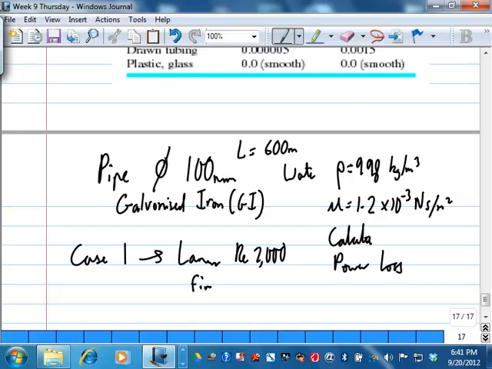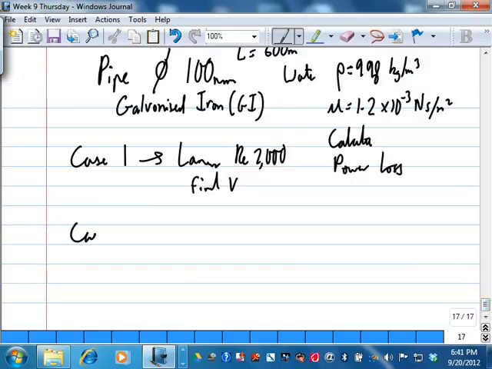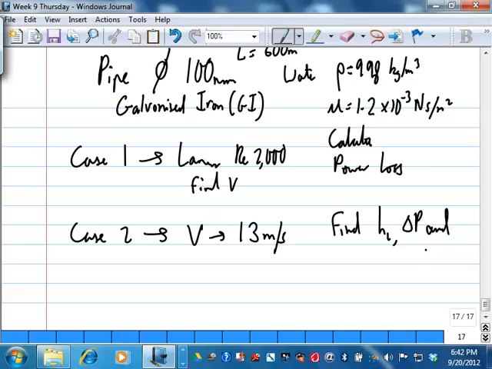Find V. Case 2, the velocity, let's say 13 meters per second. I'm sure that's turbulent. So case 2 is turbulent. Case 1 has Reynolds number 2000, very small. Find HL, delta P, and power loss.